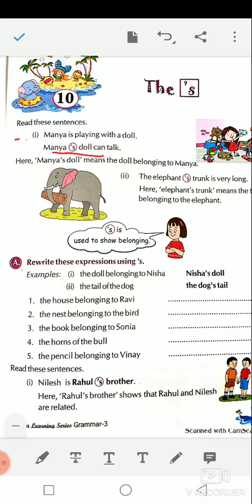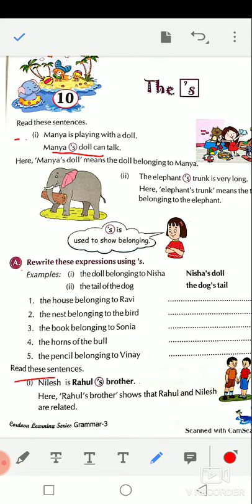Now read this sentence next. Nilesh is Rahul's brother. Here Rahul's brother shows that Rahul and Nilesh are related. This shows the relation between Nilesh and Rahul. So the sentence is Nilesh is Rahul's brother.